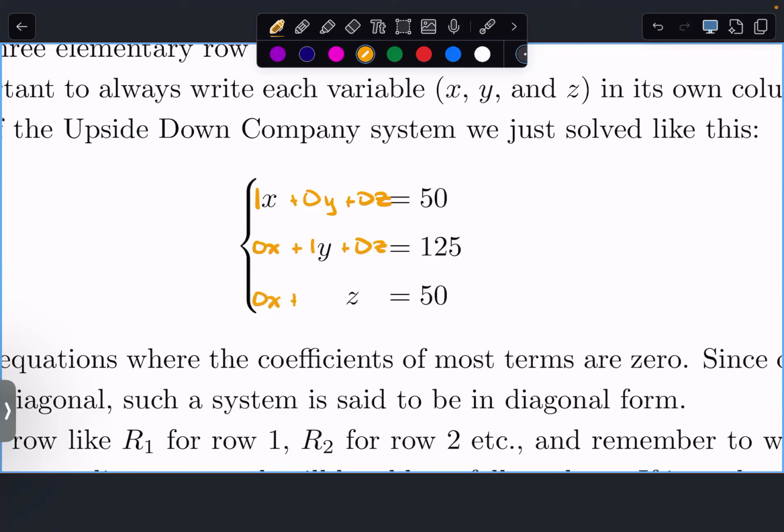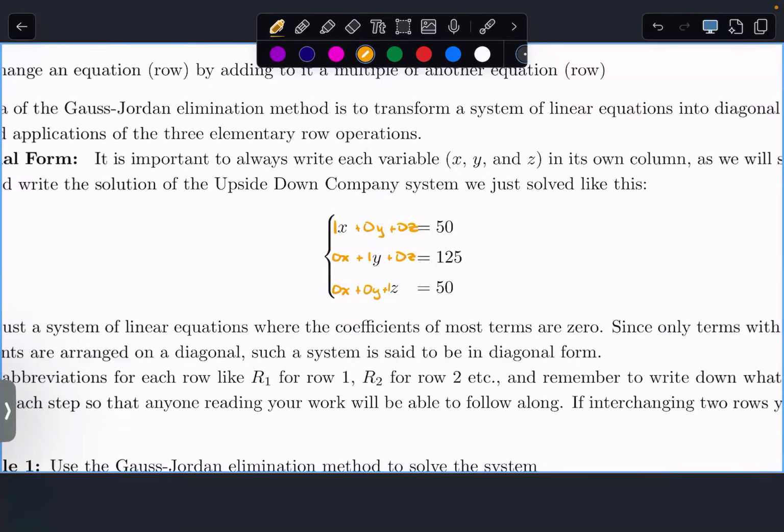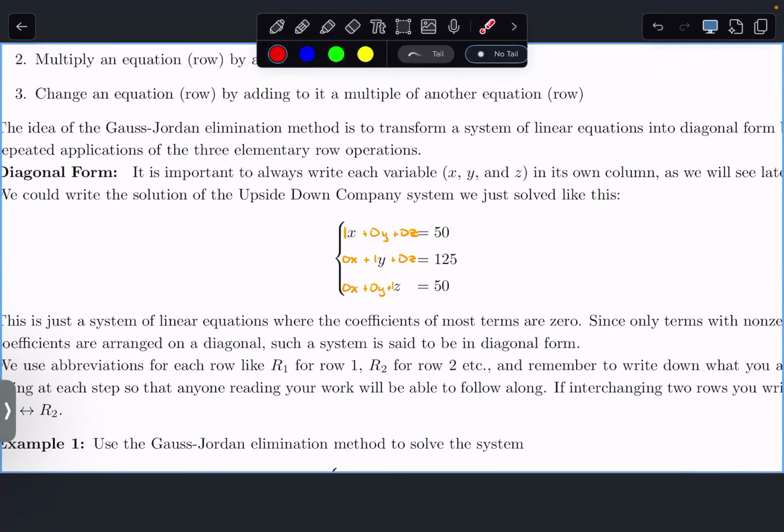And 0 times x plus 0y plus 1z is 50. So we could have written our solution to the system like this. We found that x had to be 50, y had to be 125, and z had to be 50, and so we can write our solution like this.